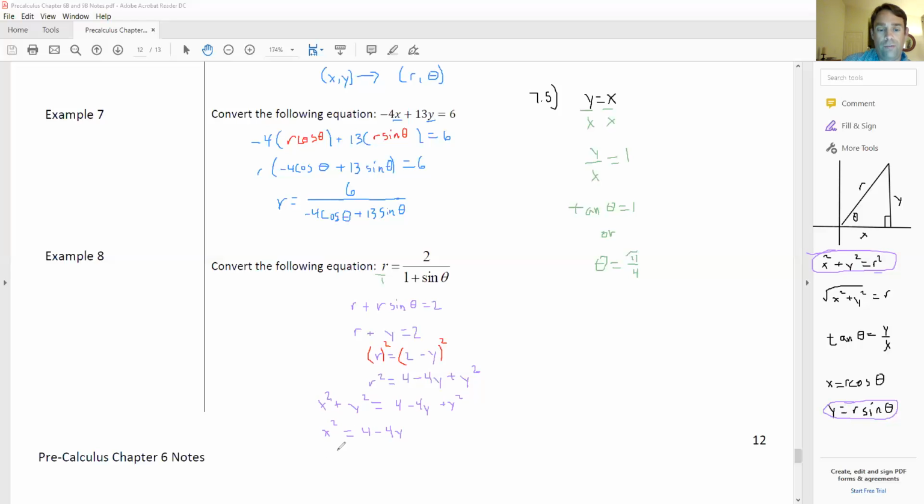So that means then that 4y, I'm just going to have the x squared and the 4y change sides there. So I got 4y equals negative x squared plus 4. If I divide everything by 4, I get y equals negative 1/4 x squared plus 1. Turns out what we have there with r equals 2 over 1 plus sine theta, that's just a parabola, friends.